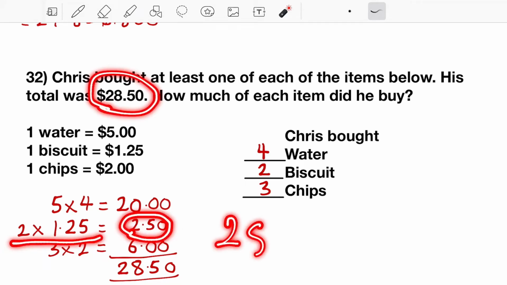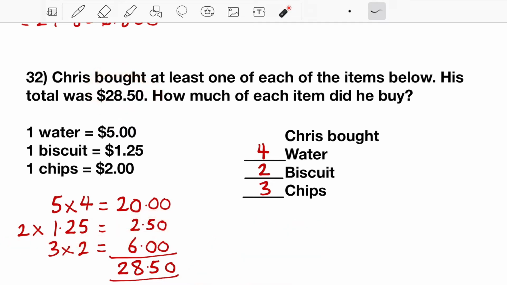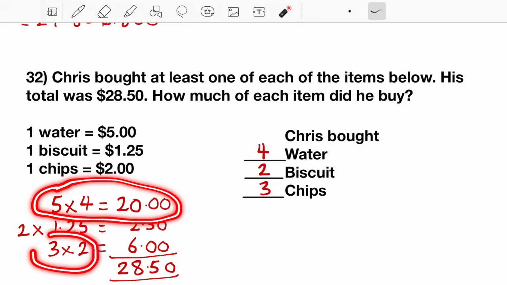So 28.50 take away 250, and we remain with $26. And then we can see how we can get $26 from these two numbers. So one combination is 5 waters will give you $20, and then 3 chips.